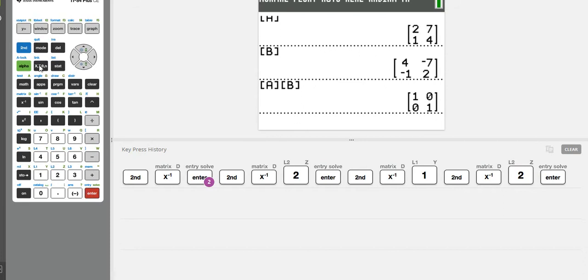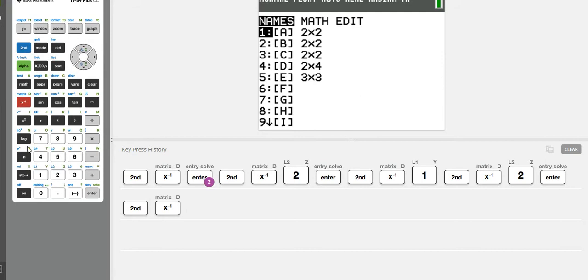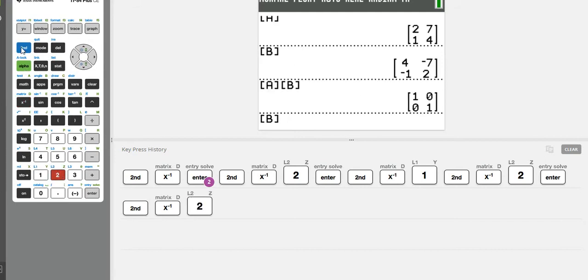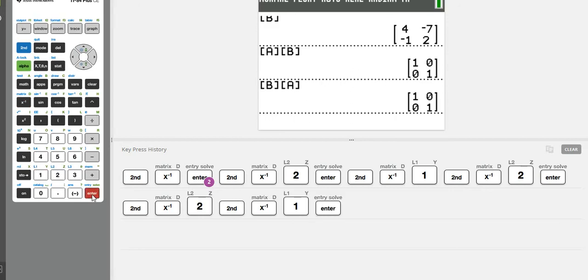Let's try it the other way. Let's try B times A. Second matrix, this time B, and then A. A times B and B times A. Hey, wait a minute. They're the same thing. That's weird. And that one thing is what's called the identity matrix.